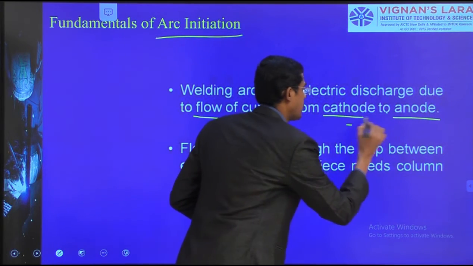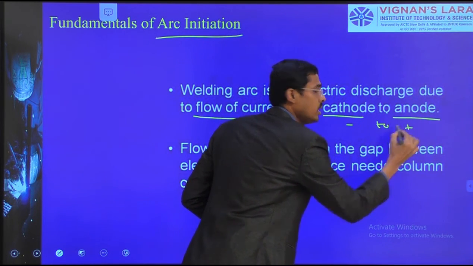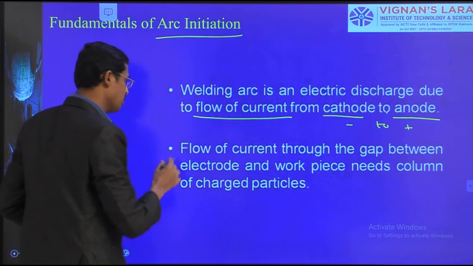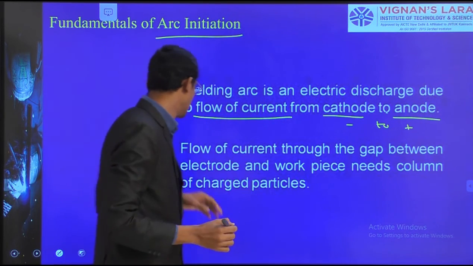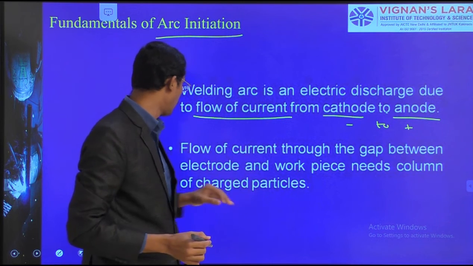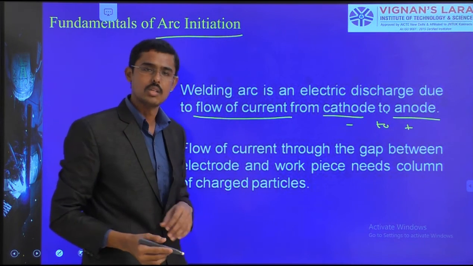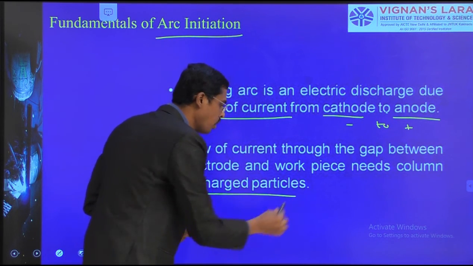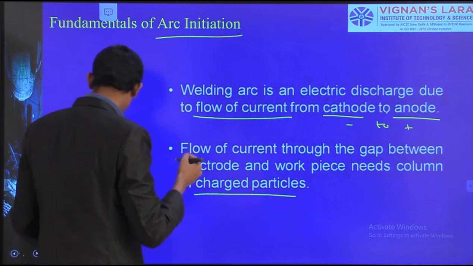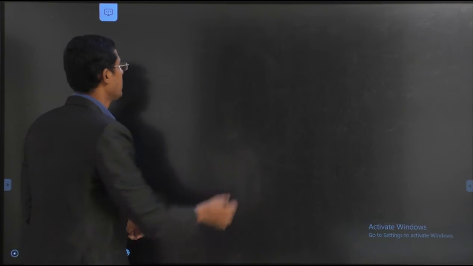It means from the negative to the positive. The flow of current through the gap between electrode and workpiece needs a column of charged particles. So we need more electrons here to flow. That we have to see in the upcoming classes.